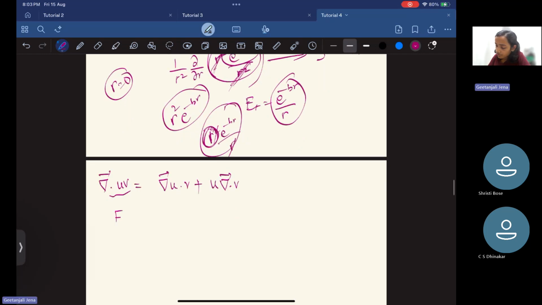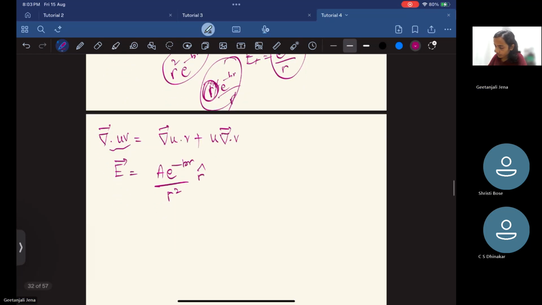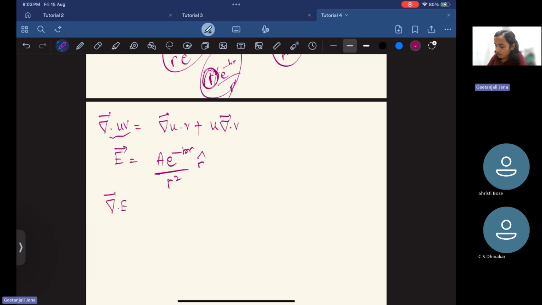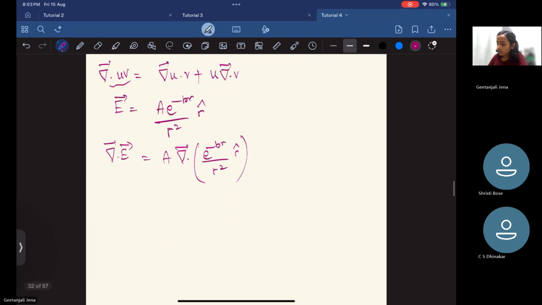So you have E as A e^(-br)/r^2 r cap. That means divergence of E is A times divergence of e^(-br) r cap by r square.